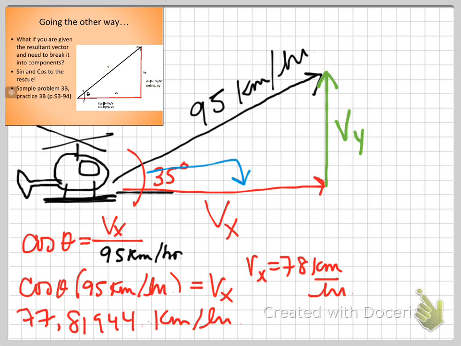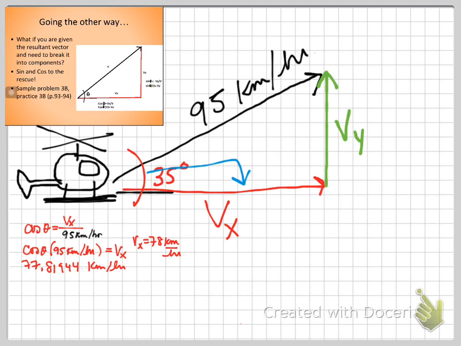Okay, let's do the delta y. All right, so looking at the delta y, which trig function are we going to be using? Sine, because it's opposite. And again, when we get into the bigger complicated triangles, I literally draw myself little arrows, because otherwise sometimes I just screw up.